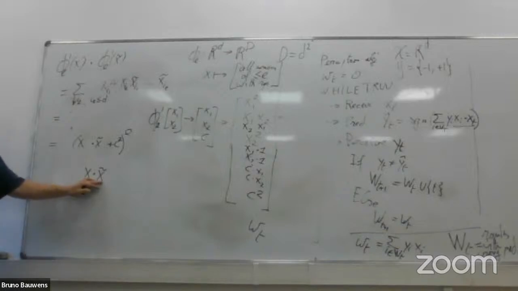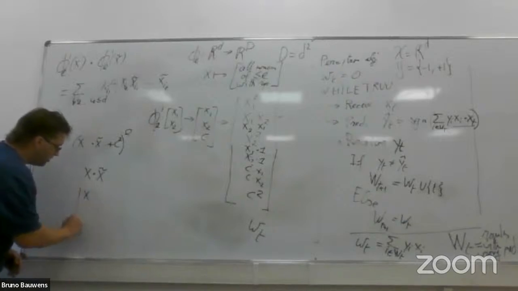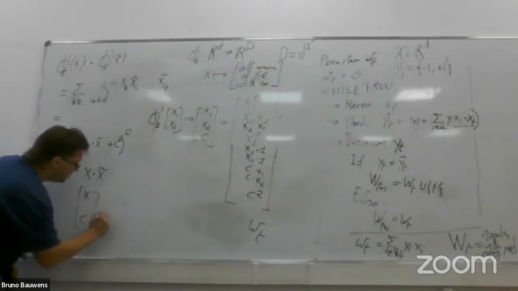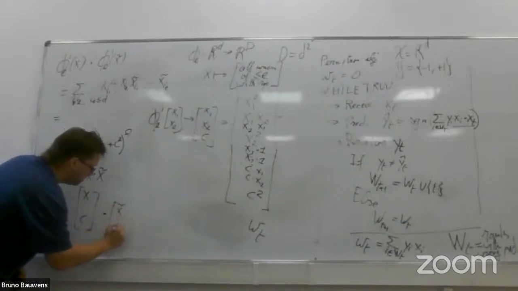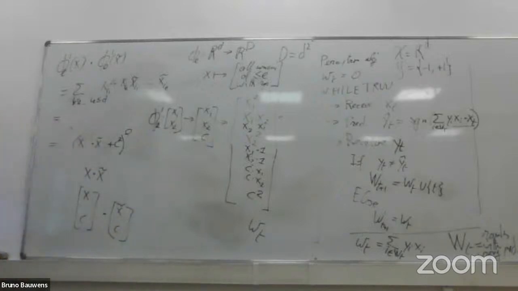But when we change back the notation, here is a vector, the dot product vector c times x still is, and that gives c squared. So here we also have c squared.